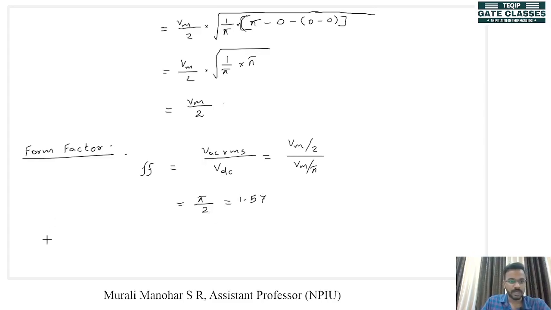Now if we know form factor, we can find out the ripple factor. Ripple factor gamma is root of form factor square minus 1, that is root of 1.57 square minus 1, and it will be given by 1.21.